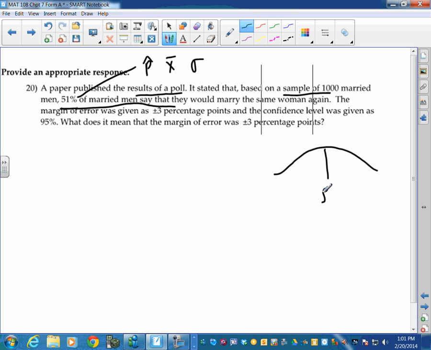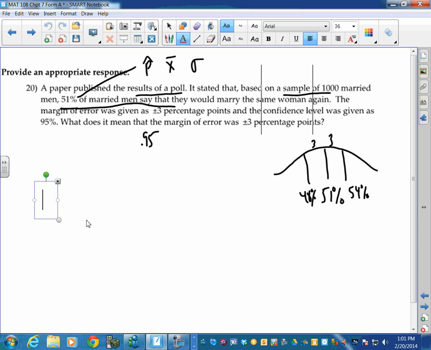So, I have 51%. The margin of error is plus or minus 3 percentage points. So what is my error going to be right here? Well, I'm doing percent, so I'll just leave it at 3. 54 and 48. Then it says the confidence level is 0.95. What does this mean?